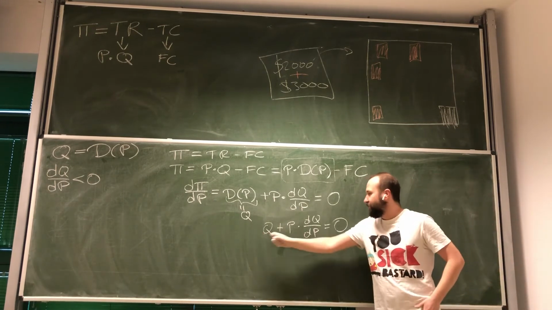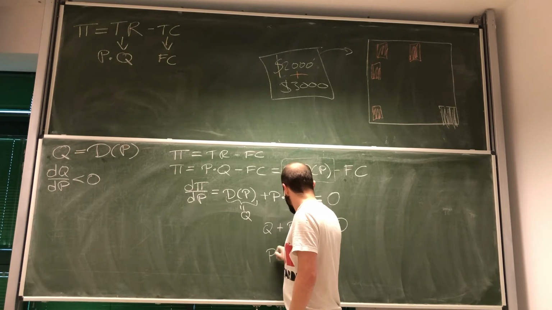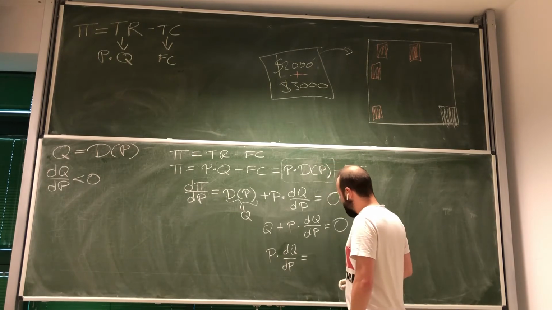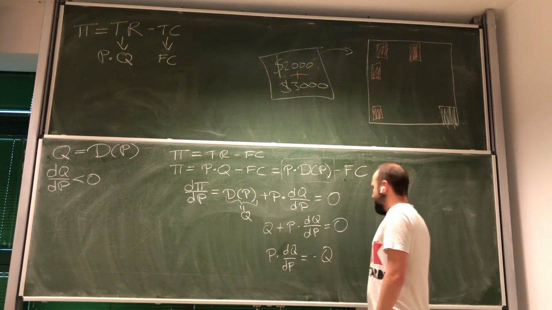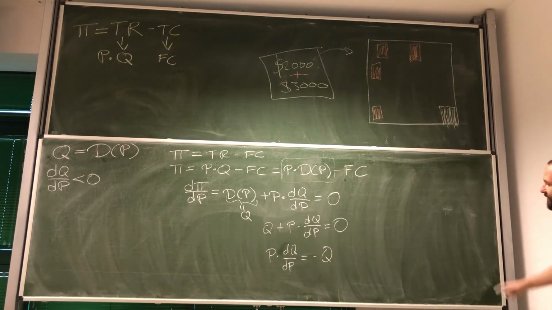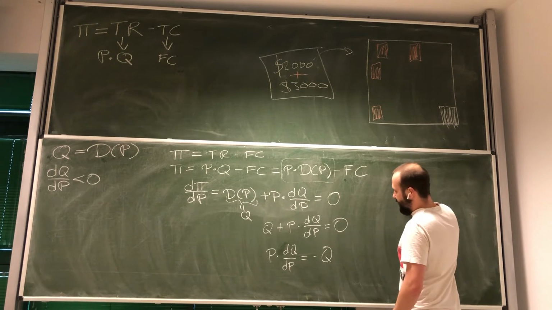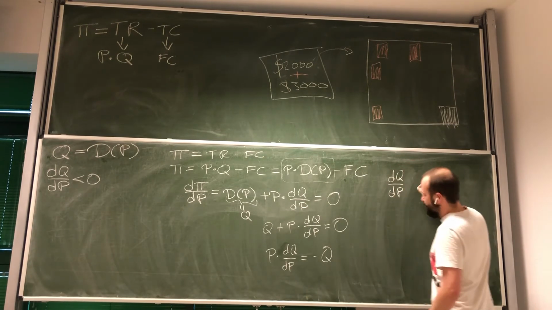If I move this Q to the other side of the equation, I get that P times dQ/dP equals negative Q.